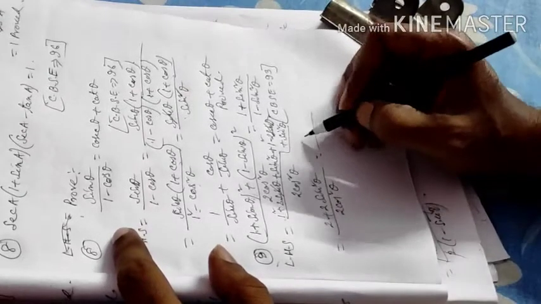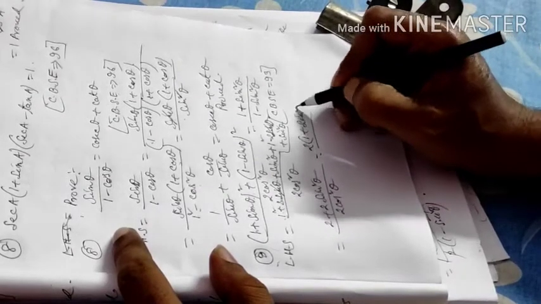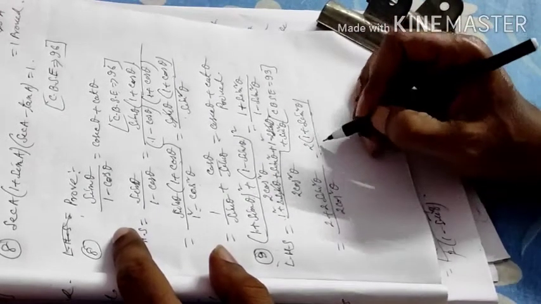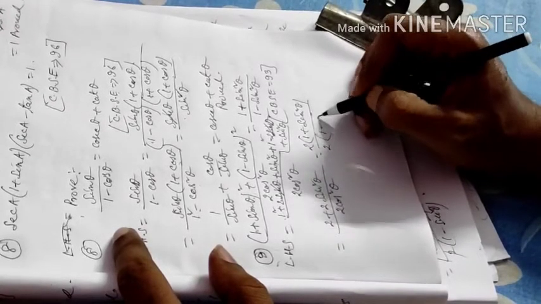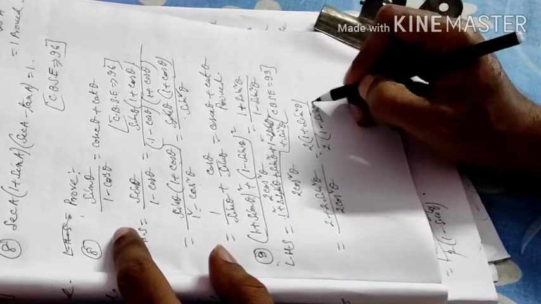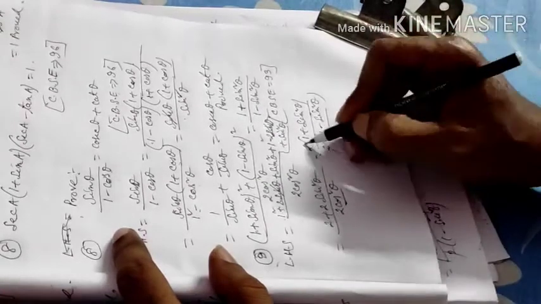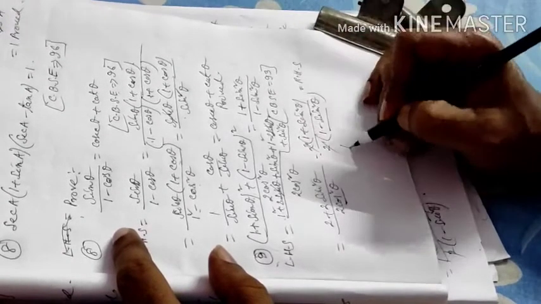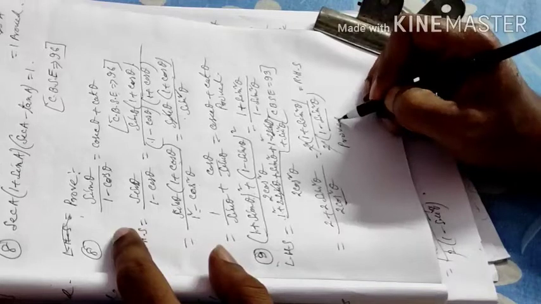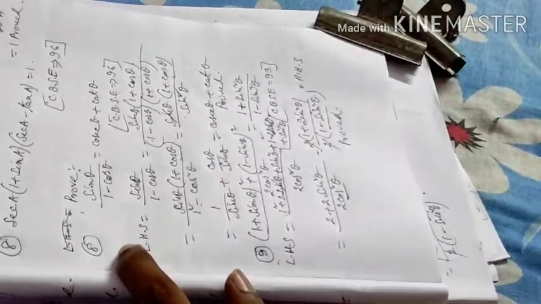Taking common 2, 1 plus sin square theta by 2 into cos square theta. Cos square theta is equal to 1 minus sin square theta. 2 cancels out, that is equal to right hand side. Proved. Very easy question. This question has come from CBSE in the year 93.